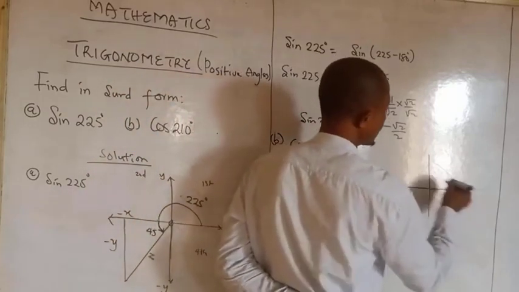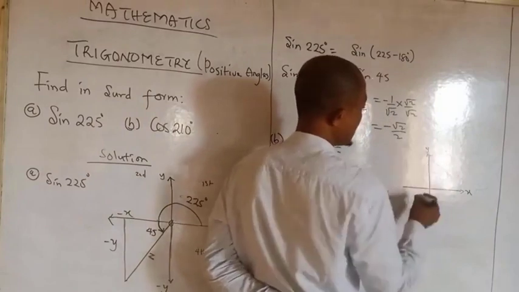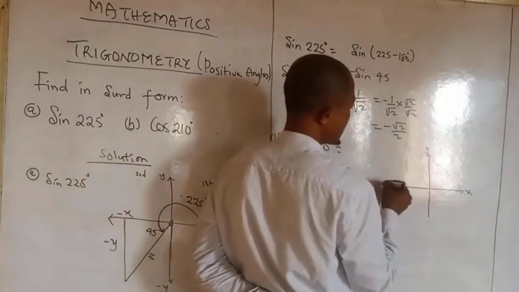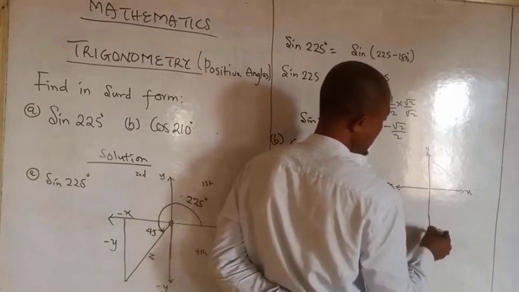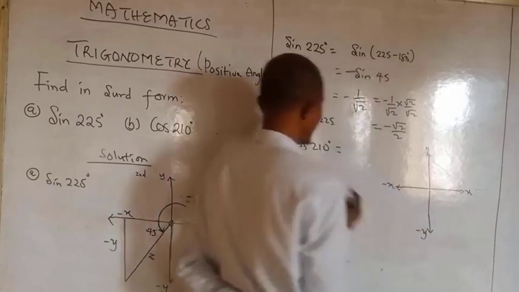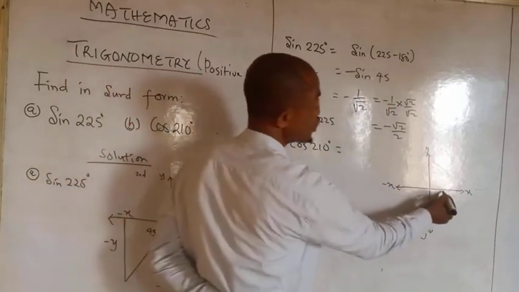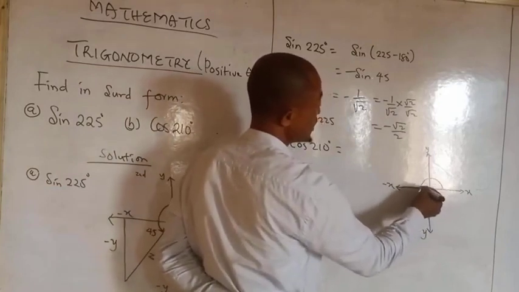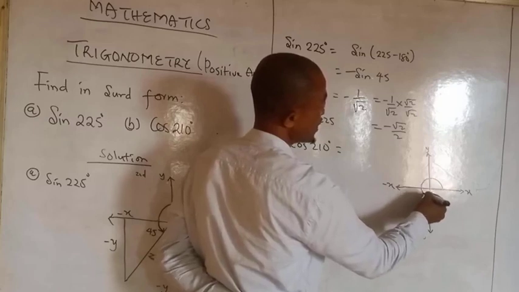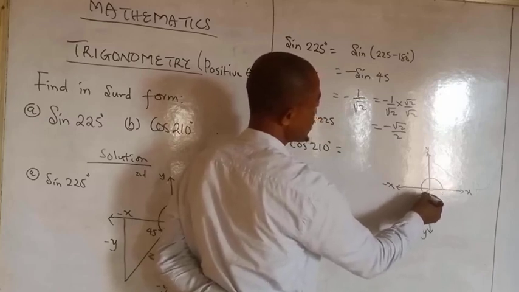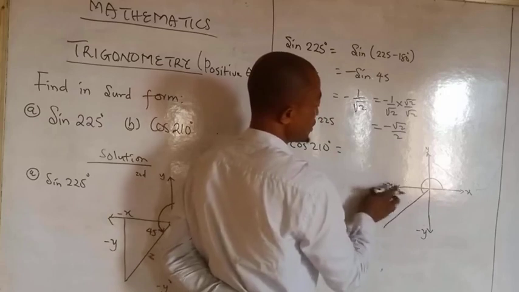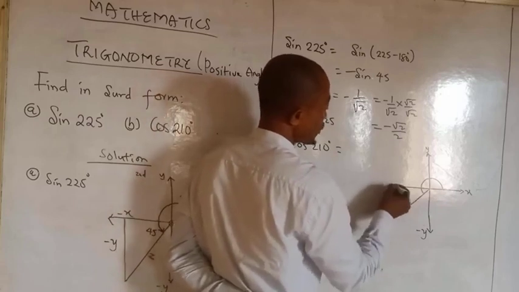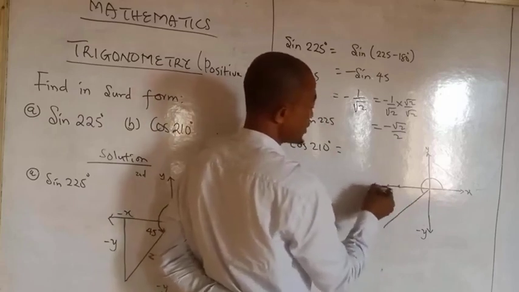This is x, this is y, this is negative x, and this one is negative y. 210: we start from the first quadrant, that's 90, 180. So for 210, we enter the third quadrant. So we have something like this.